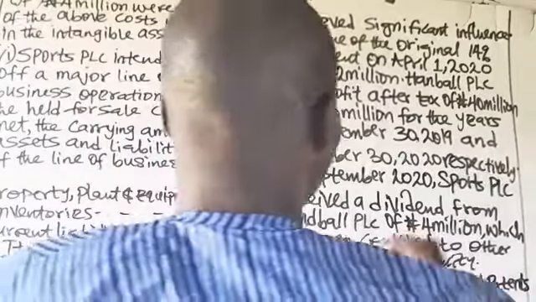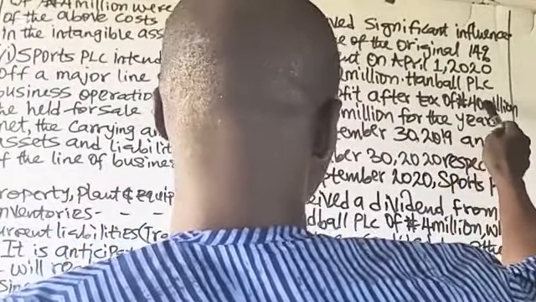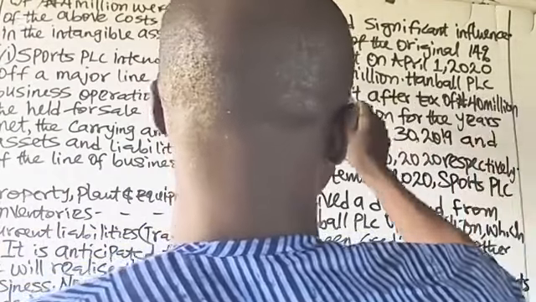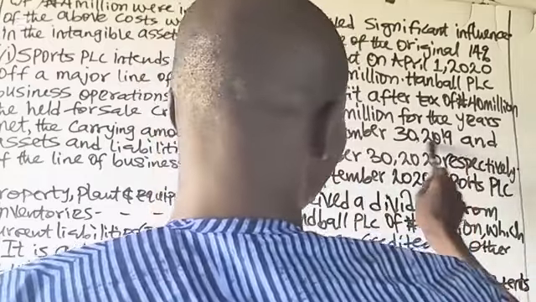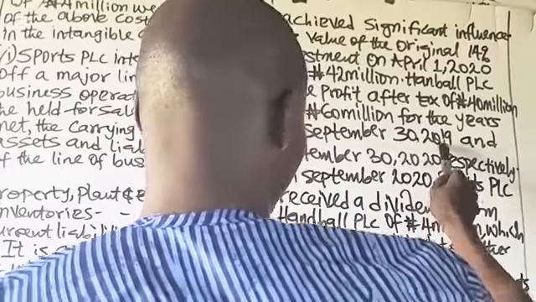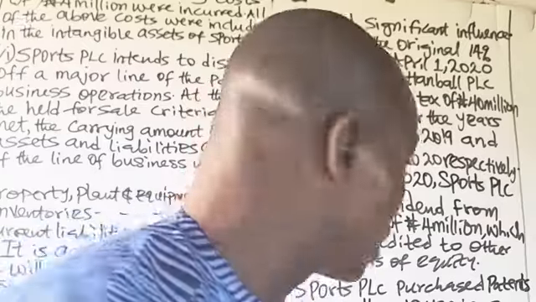So the profit of 40 million is not the profit of the year in which significant influence was achieved.